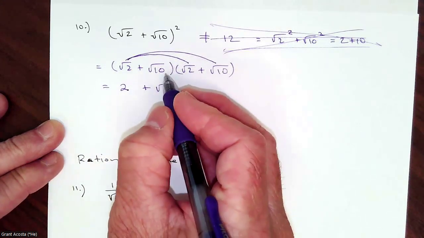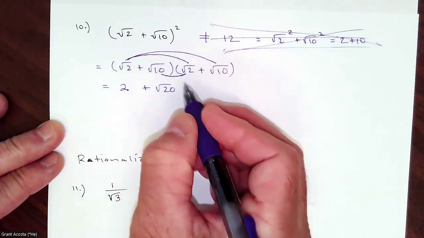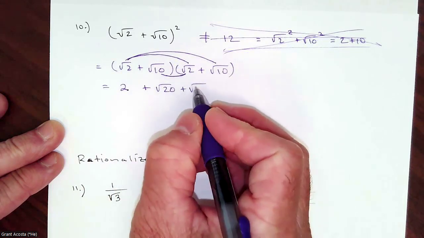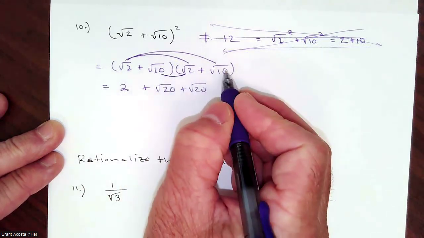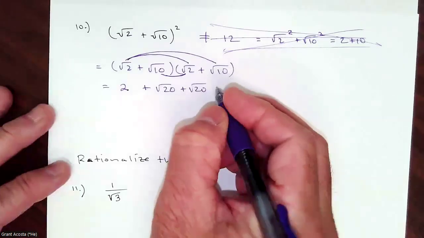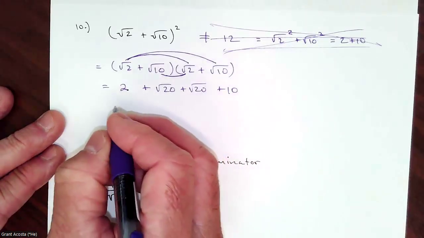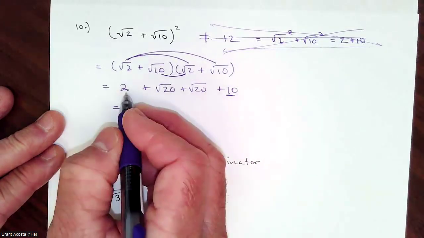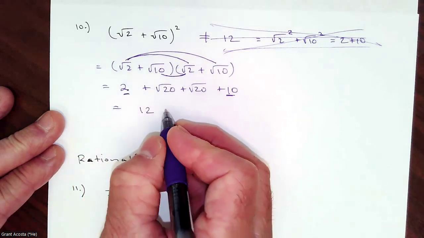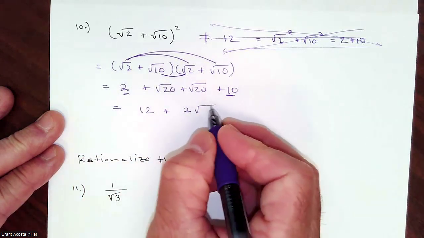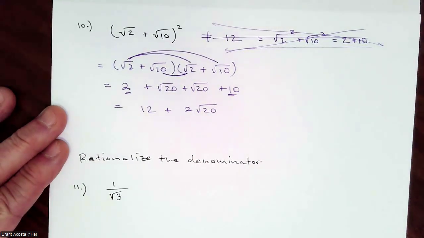Let's leave it like that for the moment. Root 10 times root 2 is another root 20. And then root 10 times root 10 is root 100, which is 10. I can combine the 2 and the 10, so I do get 12 in my answer, but what's missing is the 2 root 20.